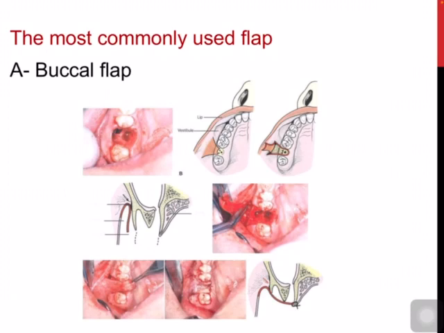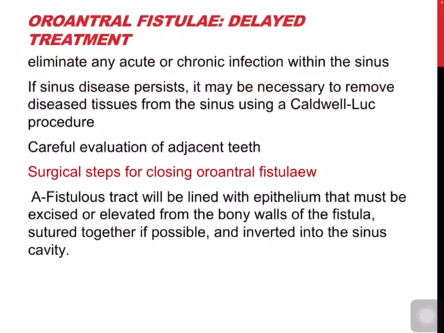A border-based flap with an adequate width to cover the communication, with the margins of the flap positioned over the bone rather than directly over the defect area of the communication, as we can see here in the photo. The flap must be free of any tension. To accomplish this, the periosteum usually must be incised and released at the height of the dissection.